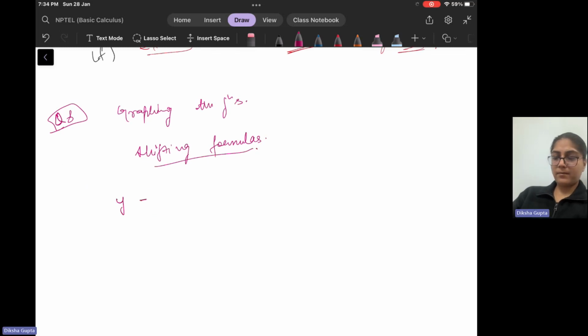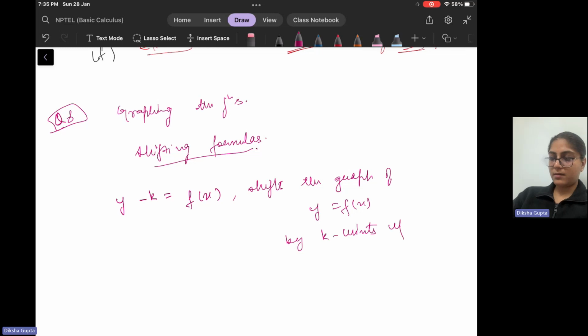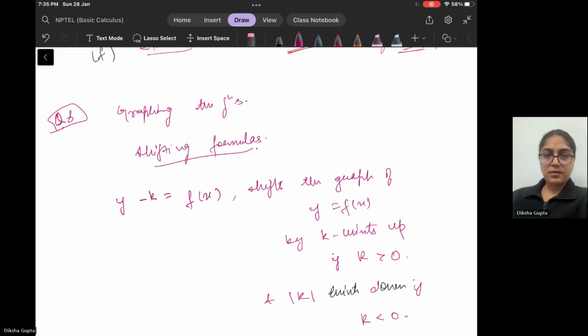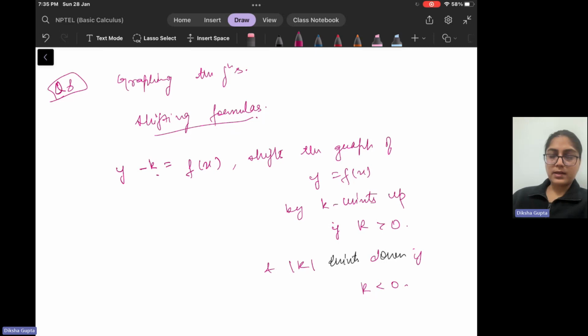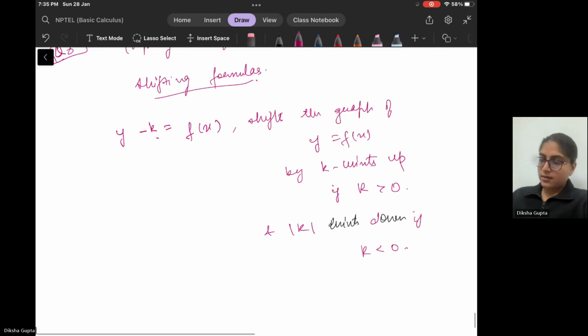That if y minus k equals f(x), it shifts the graph of y equals f(x) by k units up if k is greater than 0, and mod k units down if k is less than 0. Alright. So if we subtract k in y, and k is positive, it will shift the graph k units up, right.